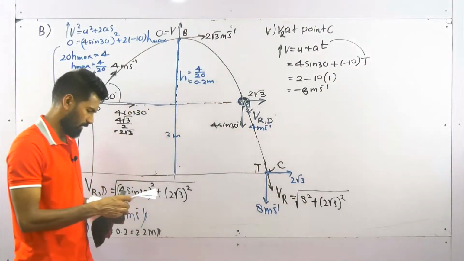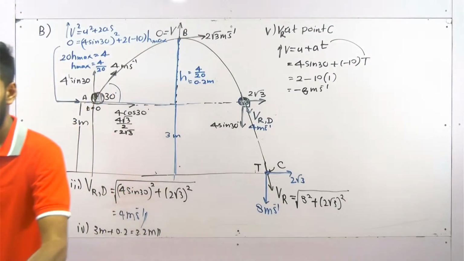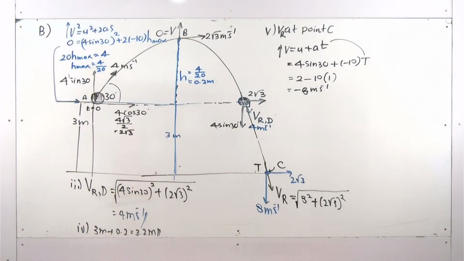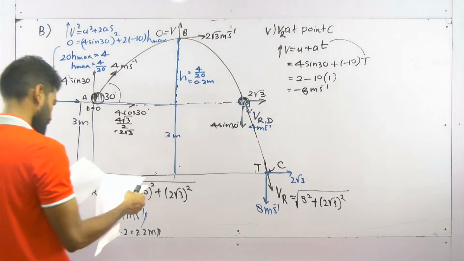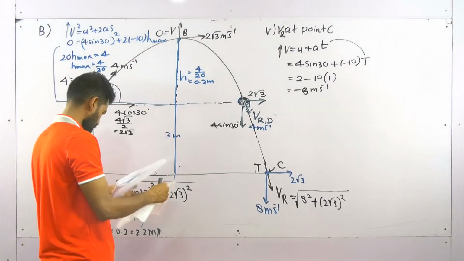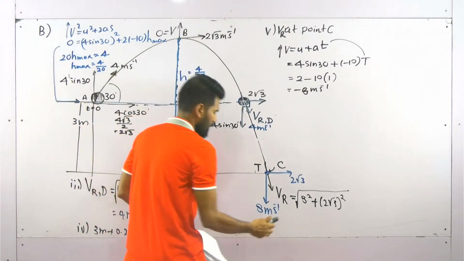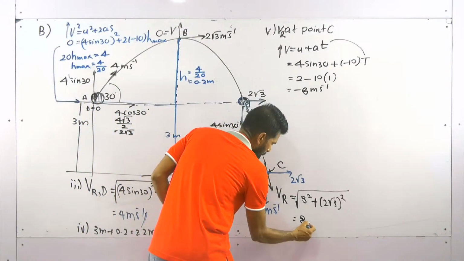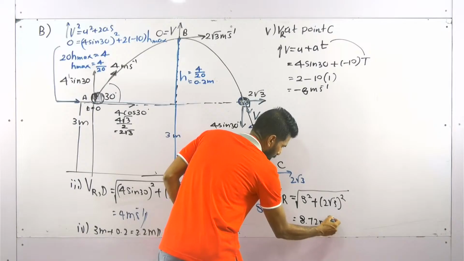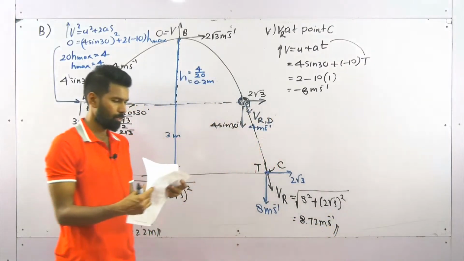So taking the square root, you will get the answer as 8.72 meters per second. Okay.